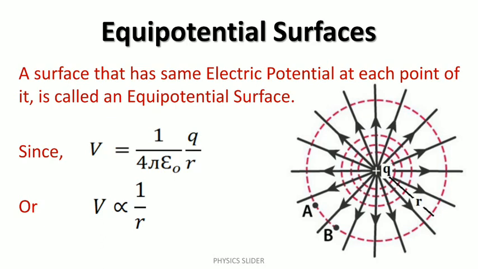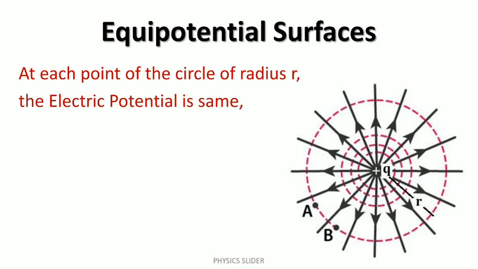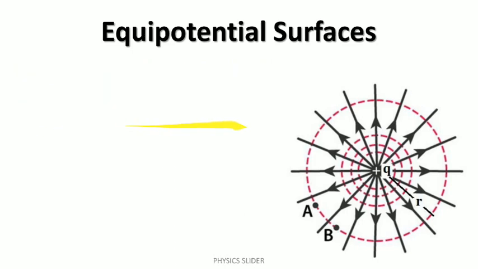So this equipotential surface is nothing but the surface which has equal potential at each point of the surface, and also at each point of the circle of radius r the electric potential is the same.